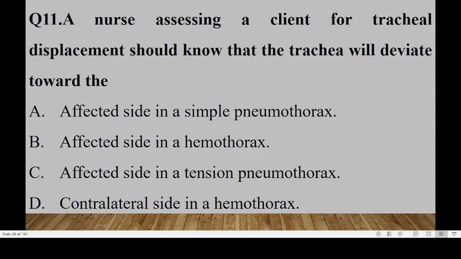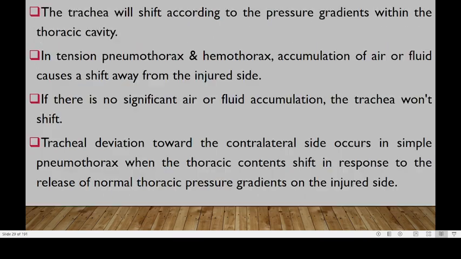Next question: a nurse is assessing a client for tracheal displacement. The nurse should know that the trachea will deviate to the contralateral side in a hemothorax. Remember, the trachea will shift according to the pressure gradients within the thoracic cavity.